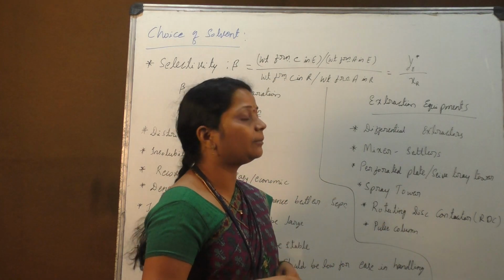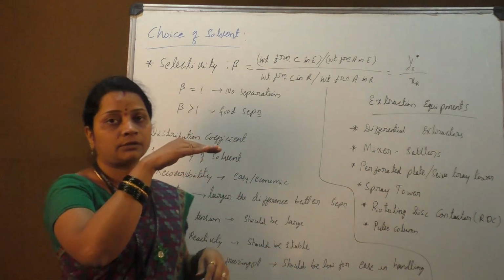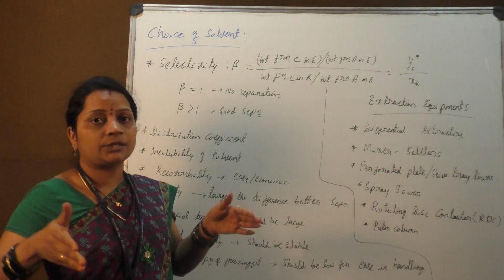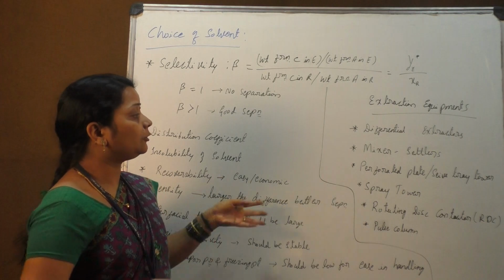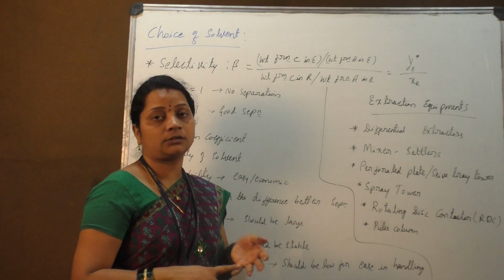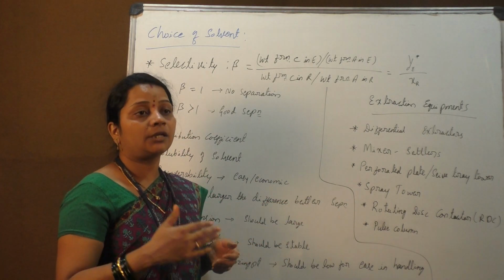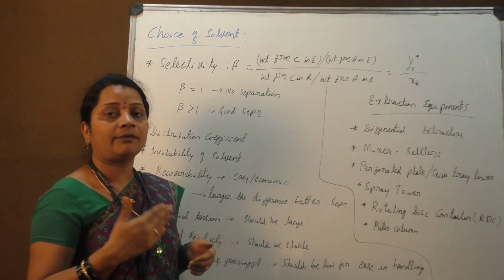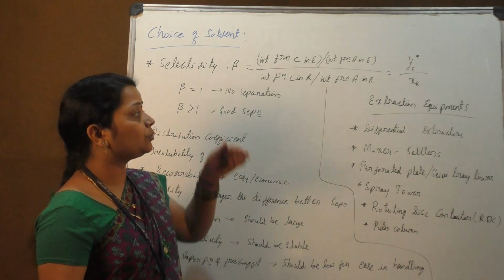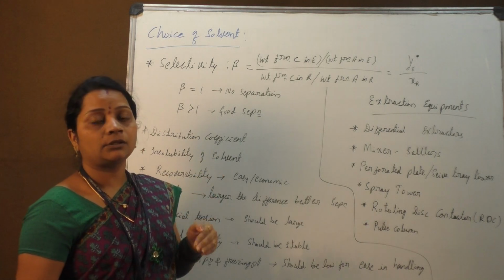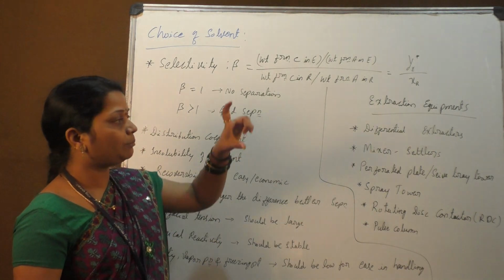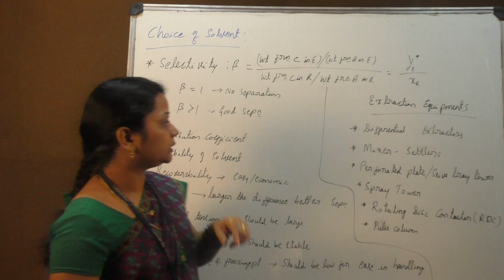This is similar to a distillation column where you have a sieve tray mounted in a stage. Here also we come across stage-wise operations. To get a better separation, we use multi-stage operation, and those stages are given in a column plate-wise. One plate gives you one stage.